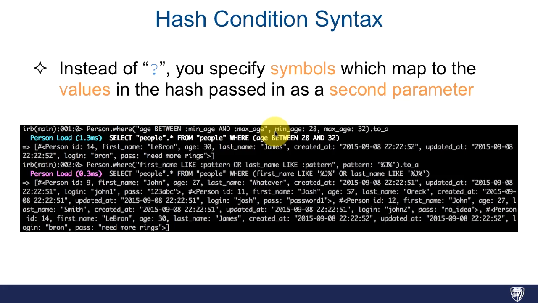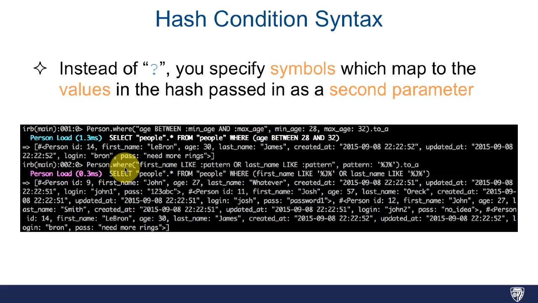You could put them in if you want, and you have your SQL fragment, and you have your hash of min age and max age with its values. Min age 28, max age 32, I'm sorry, and that gives you the same query as the array syntax gives you. It's immune to SQL injection, and perhaps it's a little bit easier to read because instead of going, okay, question mark, you know it's min age and max age, and that's what you provide in your hash.